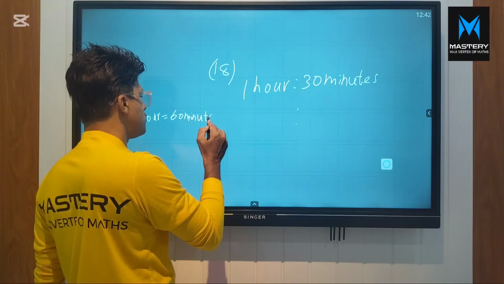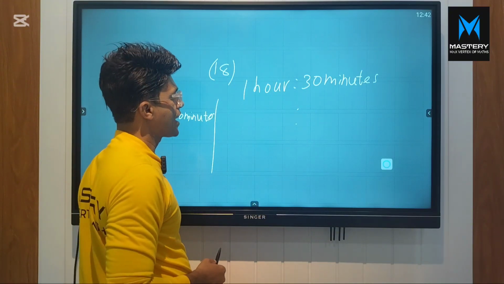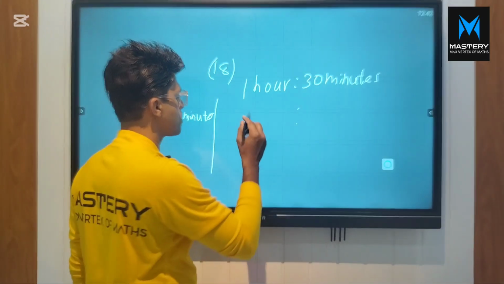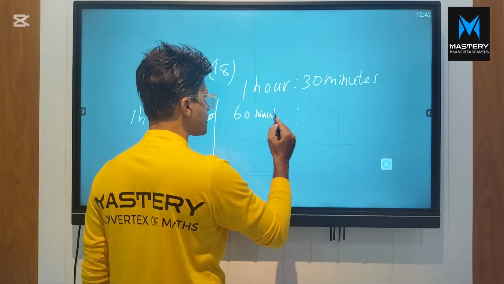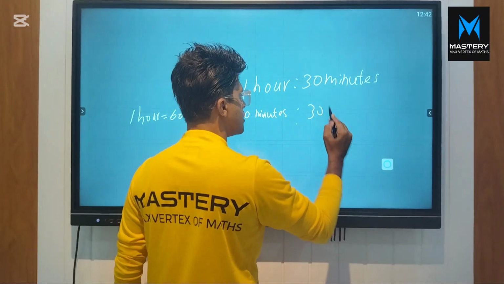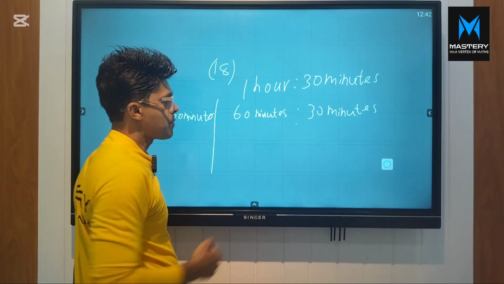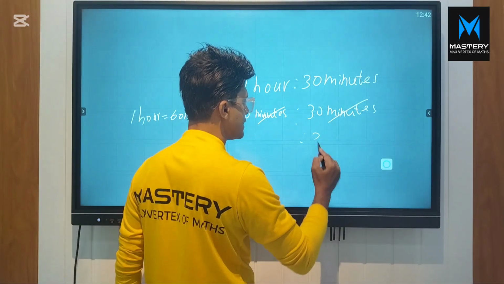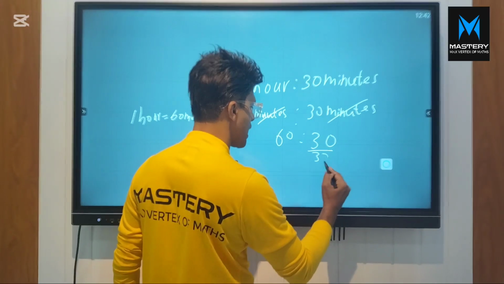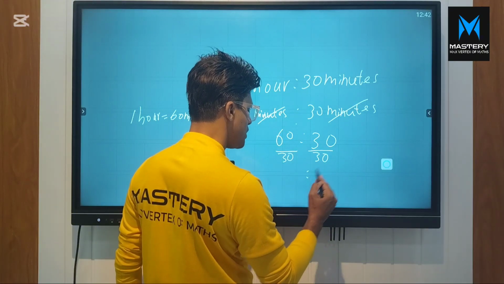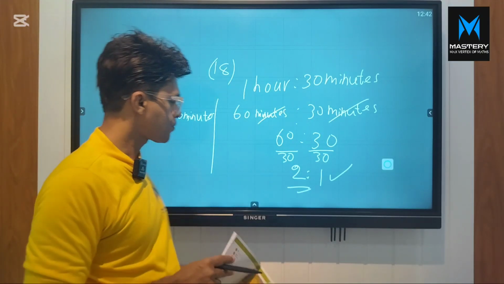We need to convert into 1 unit. So instead of converting minutes into hours, we could convert this 1 hour into 60 minutes. And here 30 minutes. We should write this as a ratio. So minutes and minutes can be cancelled out. Then here 30, here 60. So divide both sides by 30. Therefore 1, 2. The answer is 1 to 2.